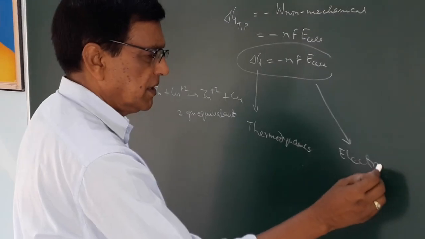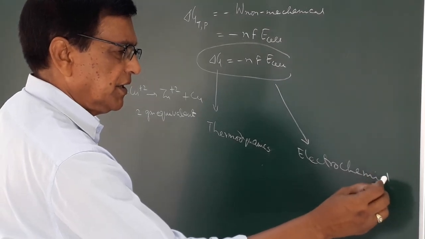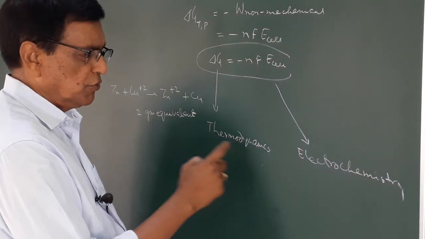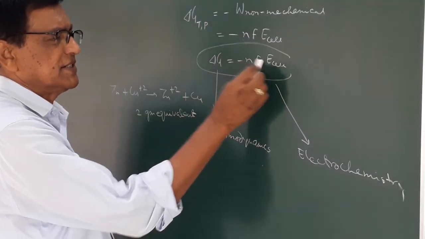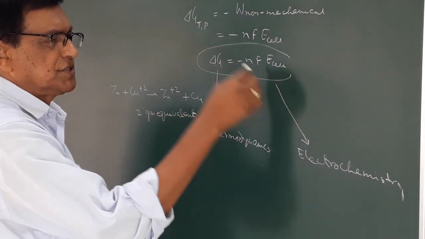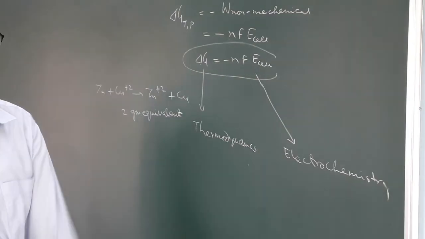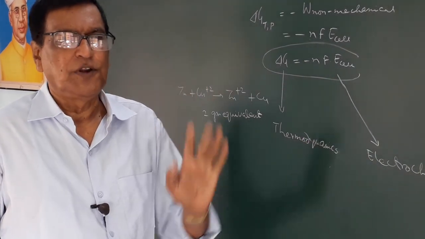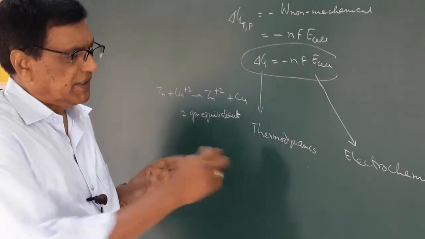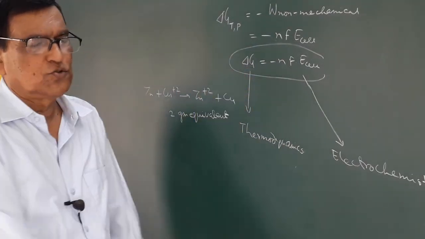So whenever we try to find the relations between thermodynamics and electrochemistry, we have to use this relation, which makes a bridge between the two chapters. Whenever we try to connect electrochemistry with thermodynamics, we must use this one.